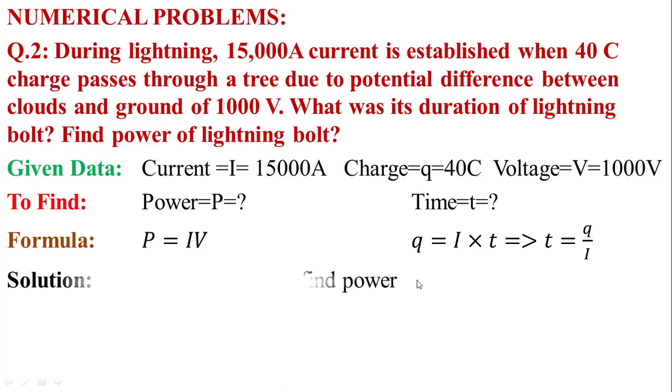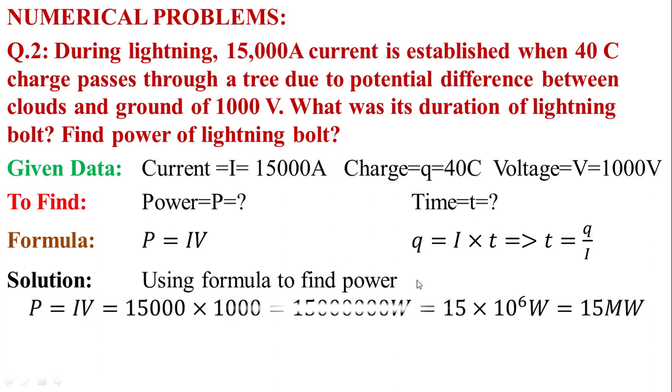Now we find the solution. According to the formula, P is equal to IV. Putting the values, I is equal to 15,000 ampere and V is equal to 1000 volt. Multiplying 15,000 by 1000, the answer is 15,000,000.